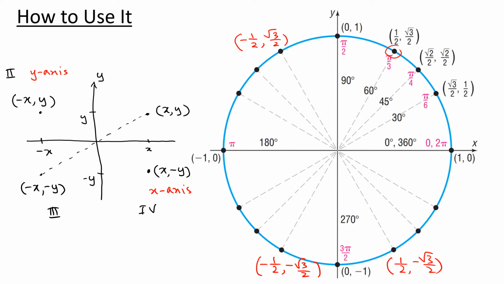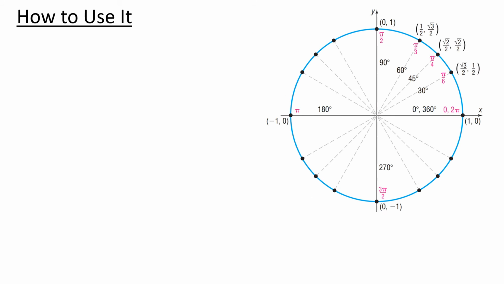So the next one, we're going to talk about how you can get those 6 trigonometric ratios. We know on the unit circle the radius is equal to 1.